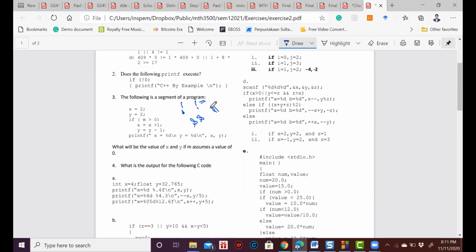Not means opposite. So if not one is not true. Not true is false. The result is 0. Thank you, doctor, it's clear now. Okay. So the answer is print.